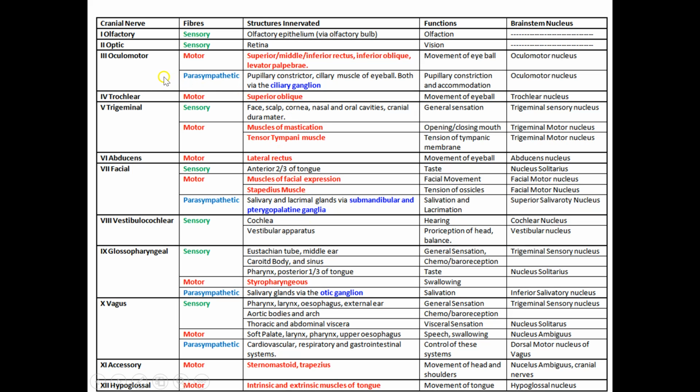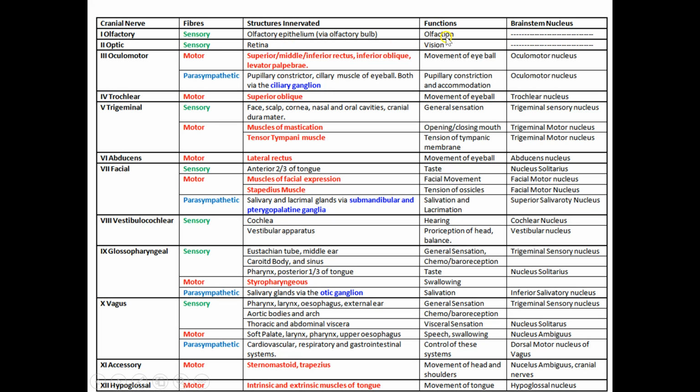This is a chart showing all the cranial nerves, the structures which they innervate, and their function. As you can see, olfactory and optic nerves, first and second cranial nerves, are basically pure sensory nerves. Olfactory epithelium is innervated by the olfactory nerve and retina is innervated by the optic nerve.